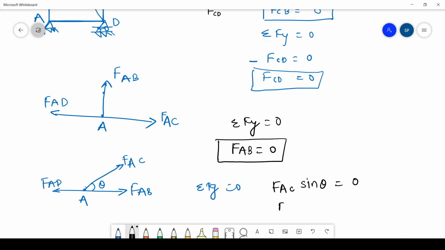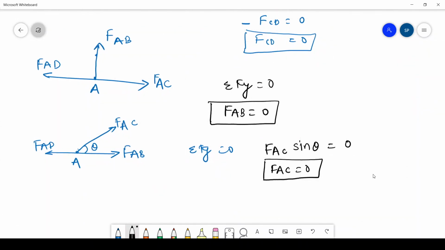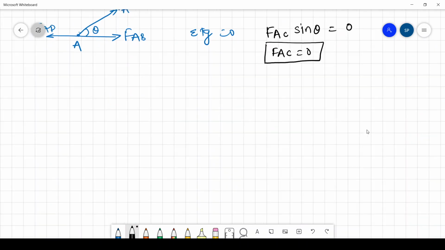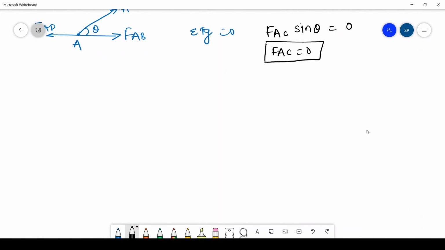Which means again FAC equals 0. So the member force in AC is 0. This is another example of a typical joint observing which you can identify a zero force member.